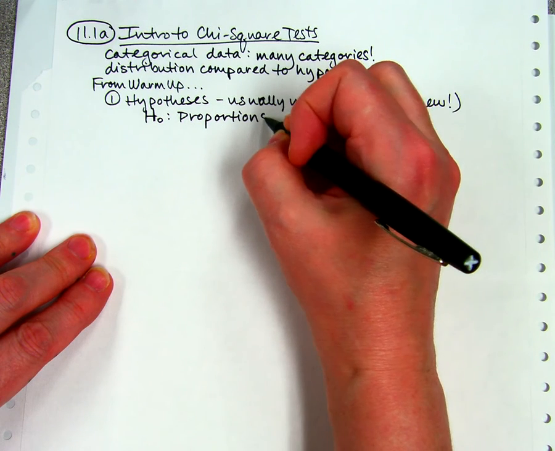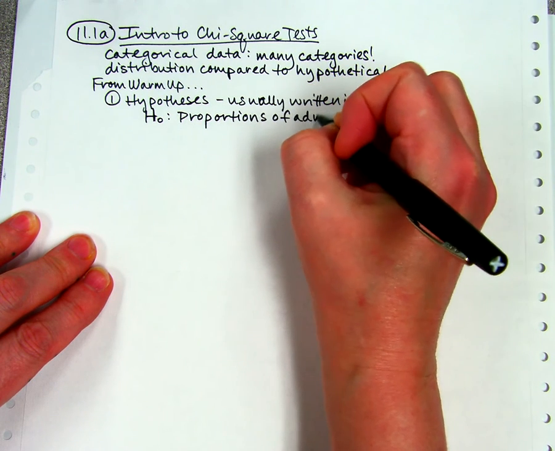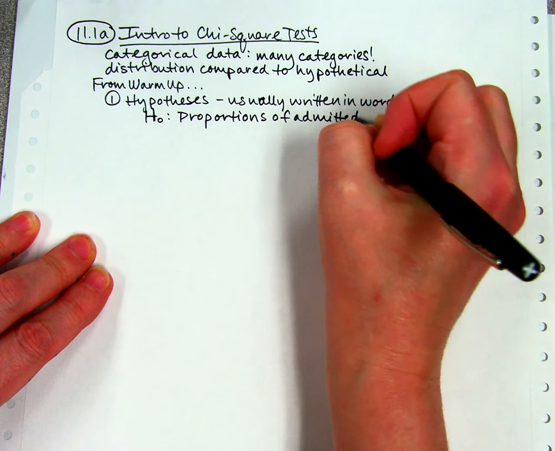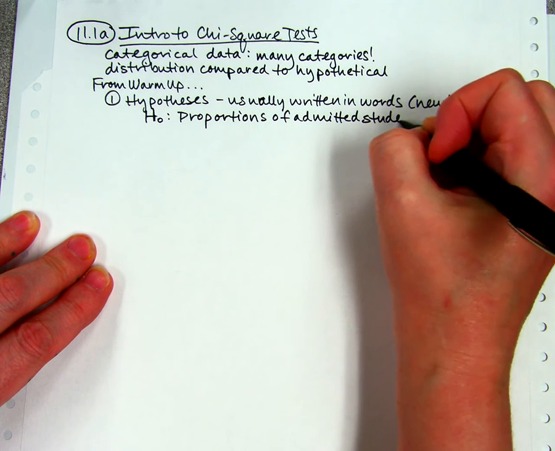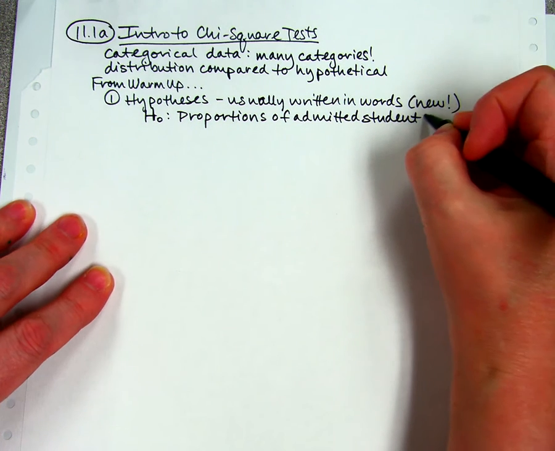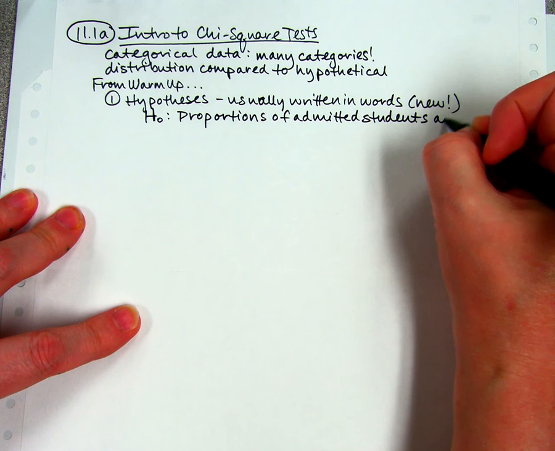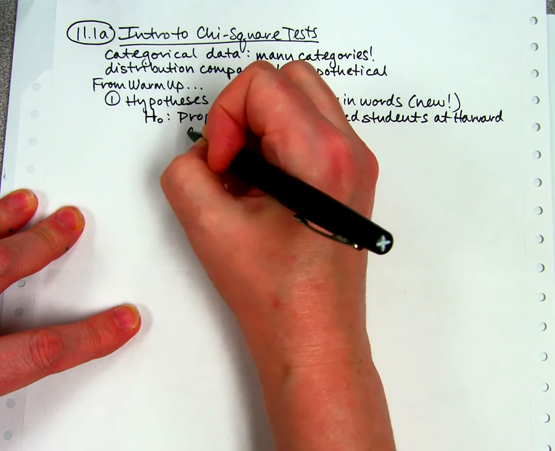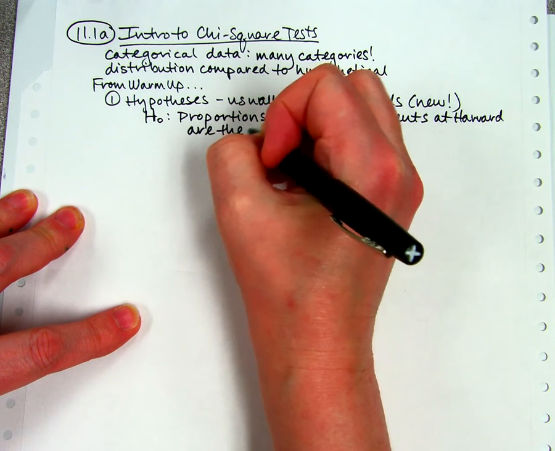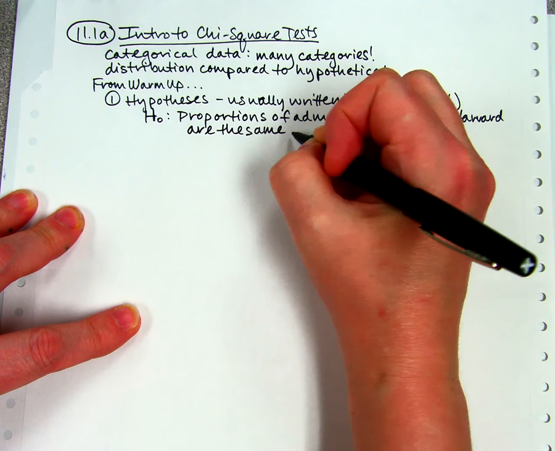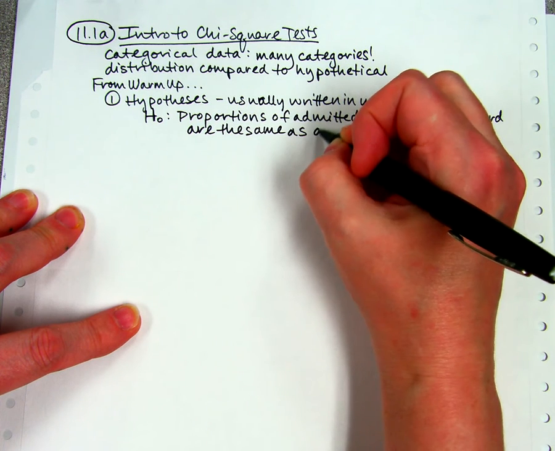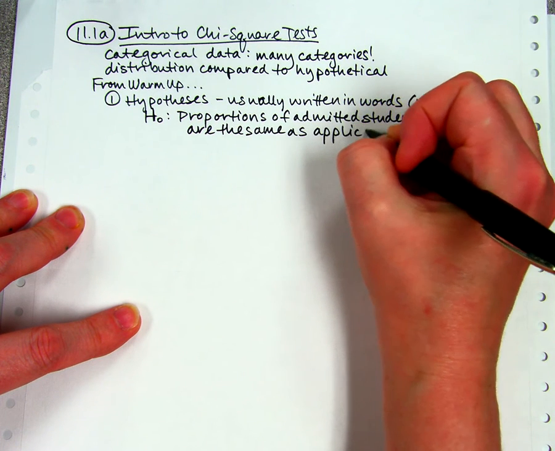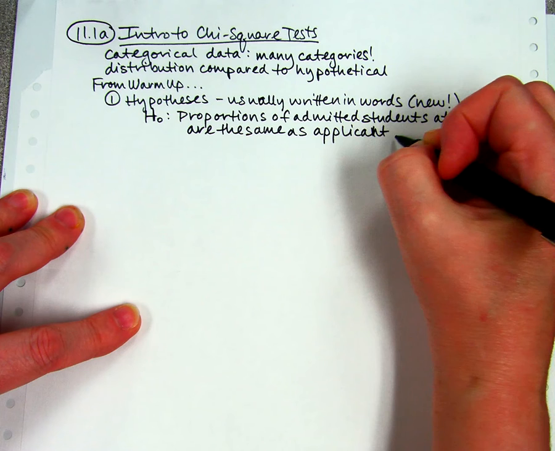So proportions of admitted students at Harvard are the same as applicants with regard to race.